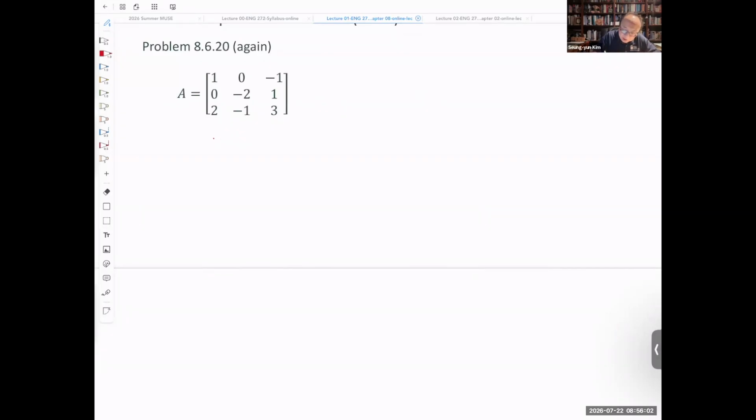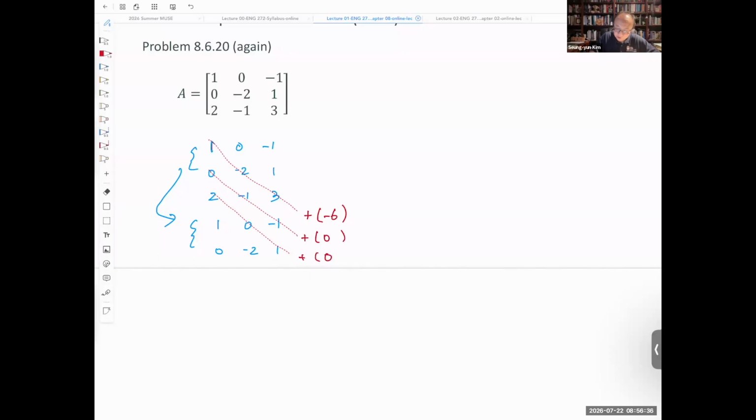How? Copy down 1, 1, 0, negative 1, 0, negative 2, 1, 2, negative 1, 3. Top 2 rows at the bottom, 1, 0, negative 1, 0, negative 2, 1. And then diagonally, this guy, 2, those are the 3, and they are plus negative 6, plus 0, plus 0.